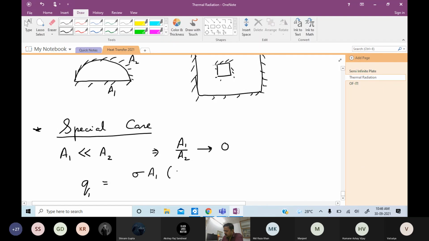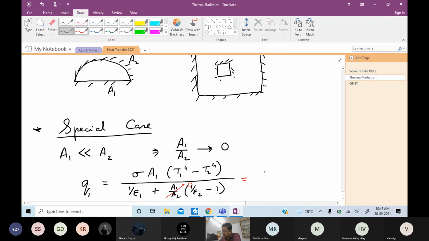Sigma A1 T1 to the power 4 minus T2 to the power 4, then it was 1 plus 1 over A1, plus what was it? A1 by A2, then 1 over epsilon 2 minus 1. This is what we had. But what we are saying is this is tending to 0.